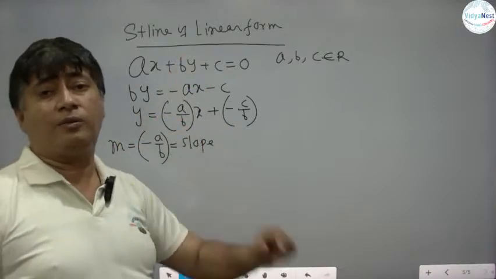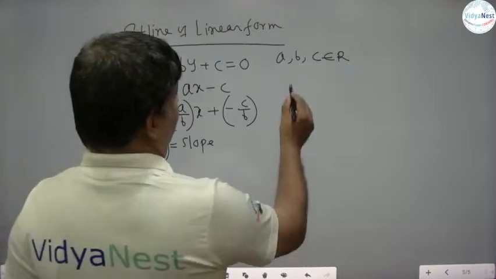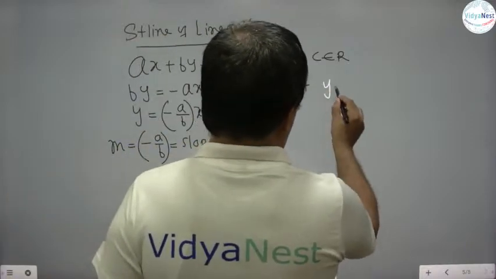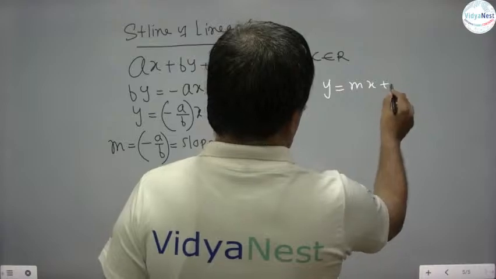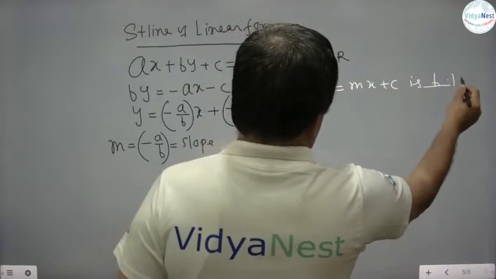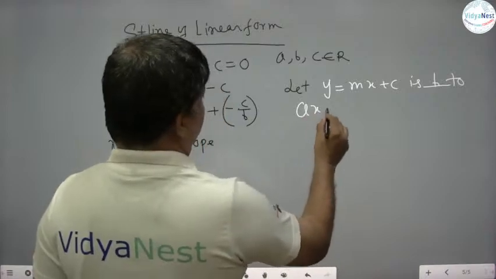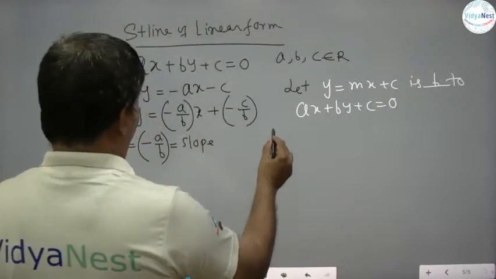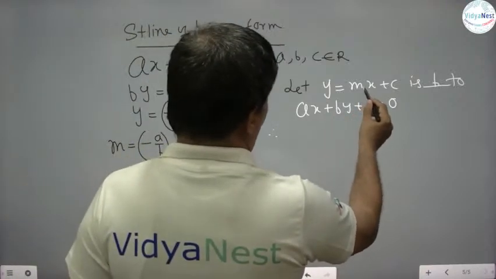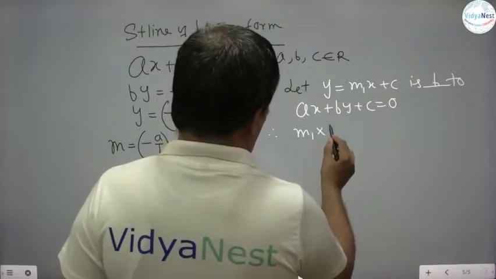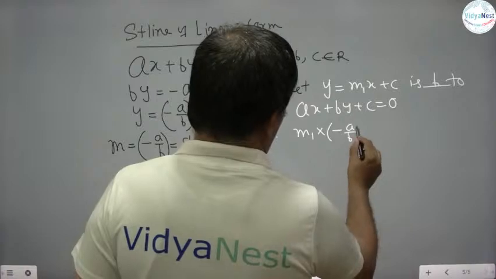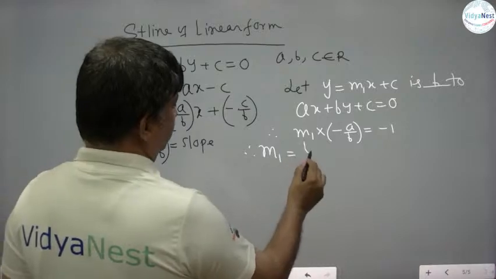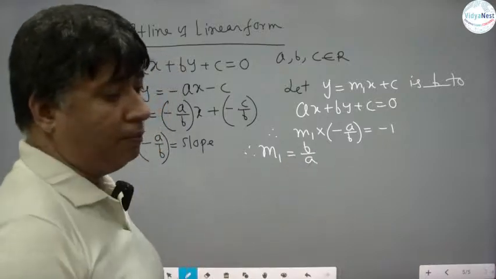Now, in this case, what will be the perpendicular line's equation? Let y is equal to mx plus c be perpendicular to ax plus by plus c is equal to 0. Therefore, m1 into its slope is minus 1. m1 is b by a.